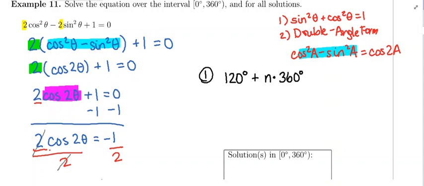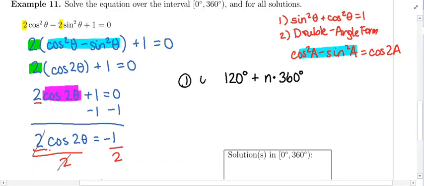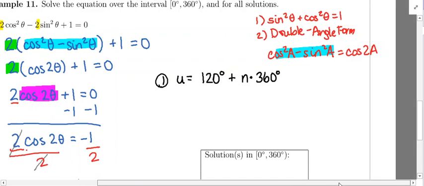This is what u equals. Then I'll make a second statement: u can also be 240 degrees plus n times 360. Now we need to go back and replace u. u is the same thing as 2 times theta.